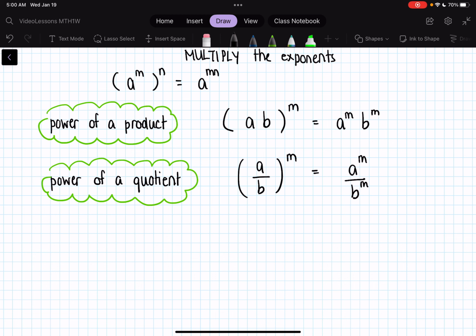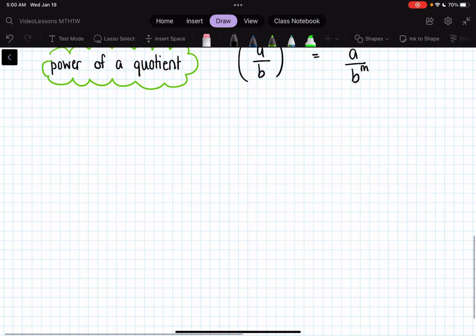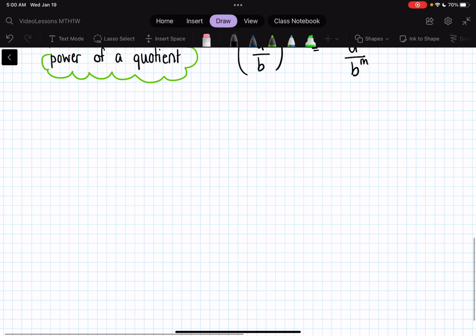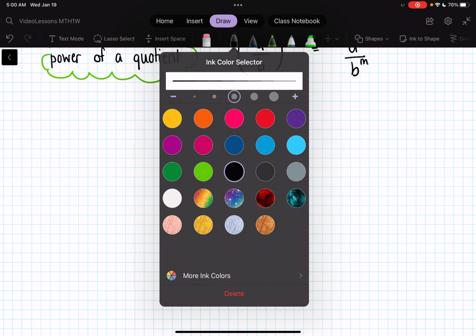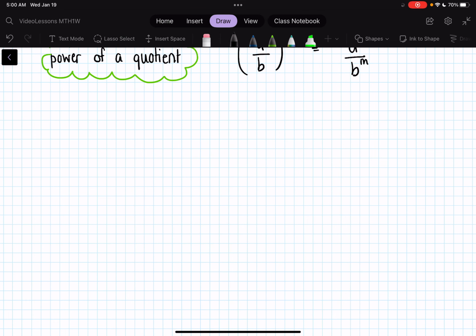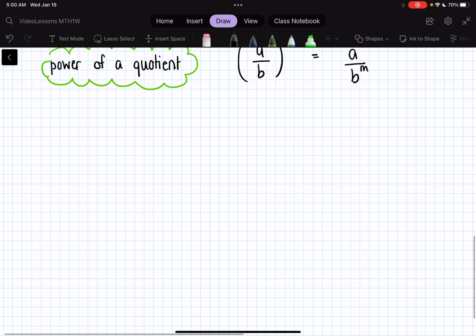Now, these were the rules. There are also what we call identities. Sometimes we can also call them rules, but basically they are properties. Here we're going to talk about negative exponents.